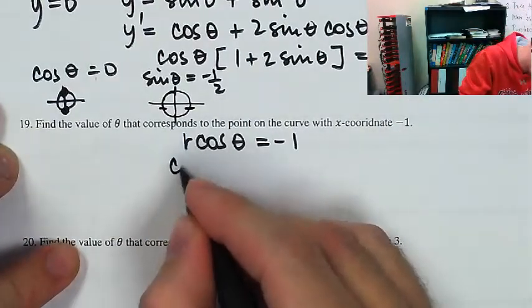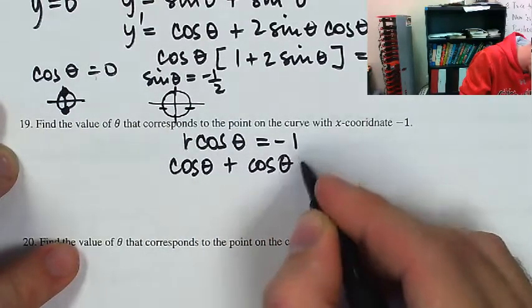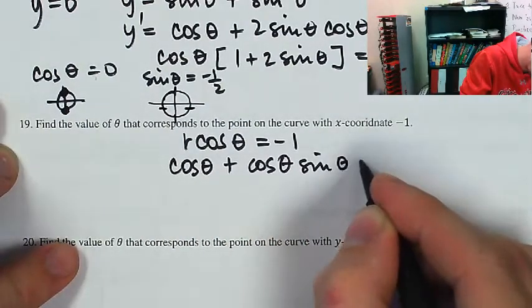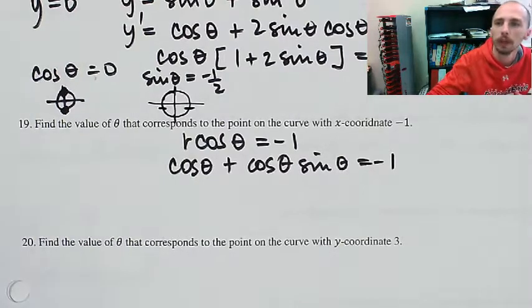So cosine theta plus cosine theta sine theta equals negative 1. I'm going to just real quickly think about what would happen if I pushed that 1 over to the other side. Factoring is only good when you've got the equation set equal to 0. Otherwise, it's not really useful.